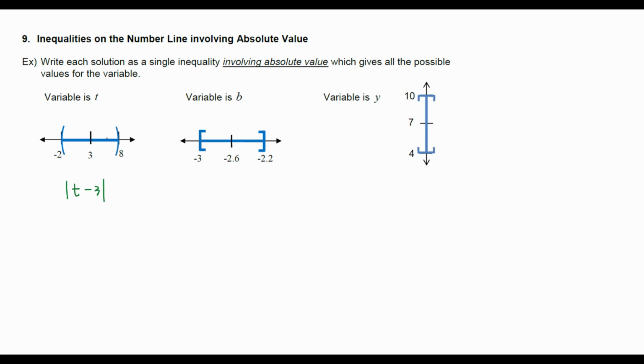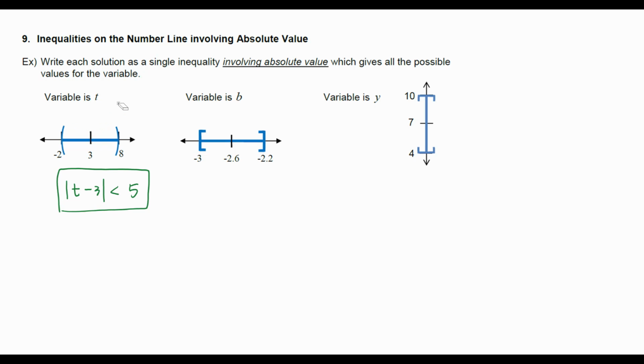And because the distance from 3 to 8 or 3 to negative 2 is both 5 units, you can say that distance is less than 5 because these numbers are less than 5 away from the center 3. So this would be the single expression which gives all the possible values for t.